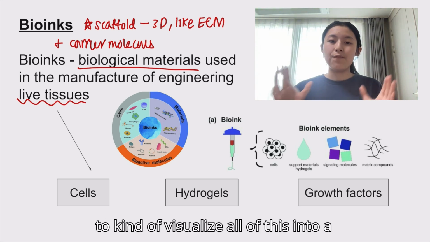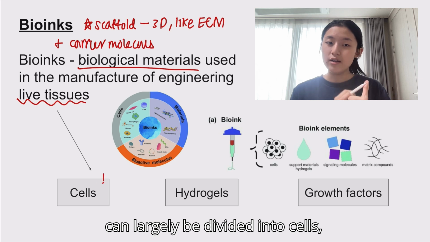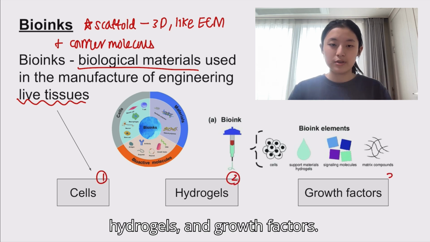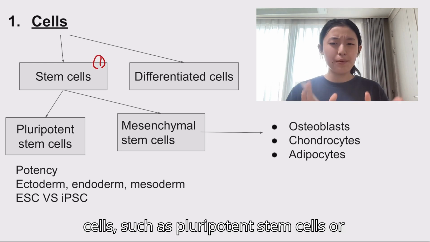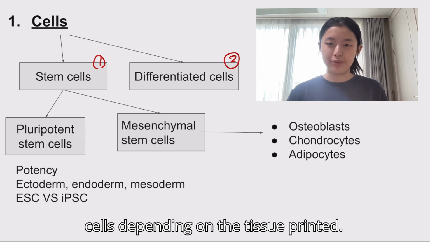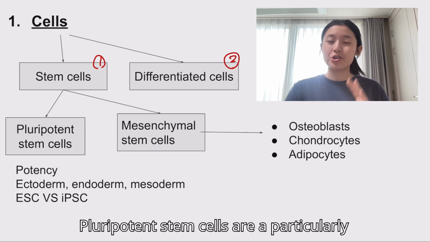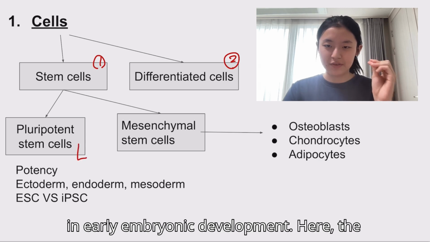Now, to visualize all of this in a diagram, the components of bioink can largely be divided into cells, hydrogels, and growth factors. The cells used can either be stem cells, such as pluripotent stem cells or mesenchymal stem cells, or differentiated cells, depending on the tissue printed. Pluripotent stem cells are a particularly potent type of stem cell that only exists in early embryonic development.